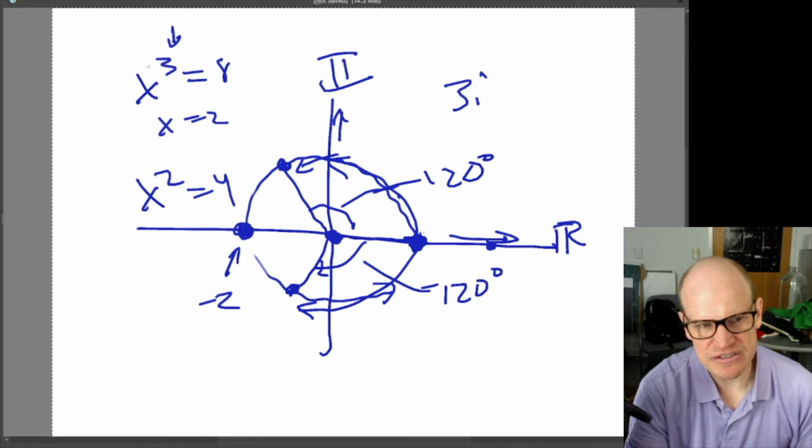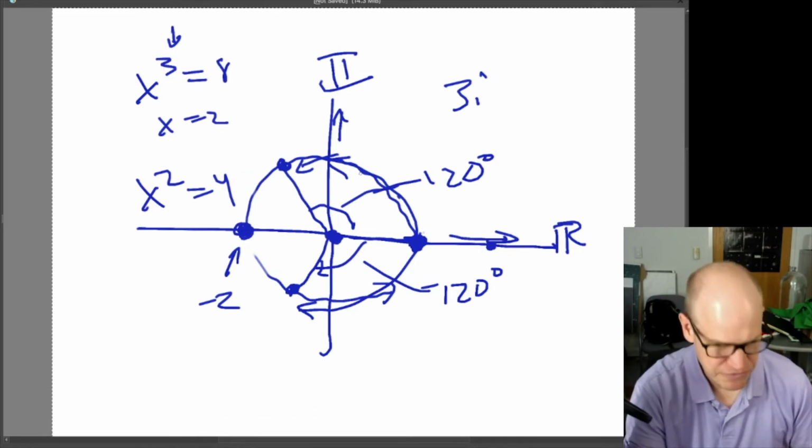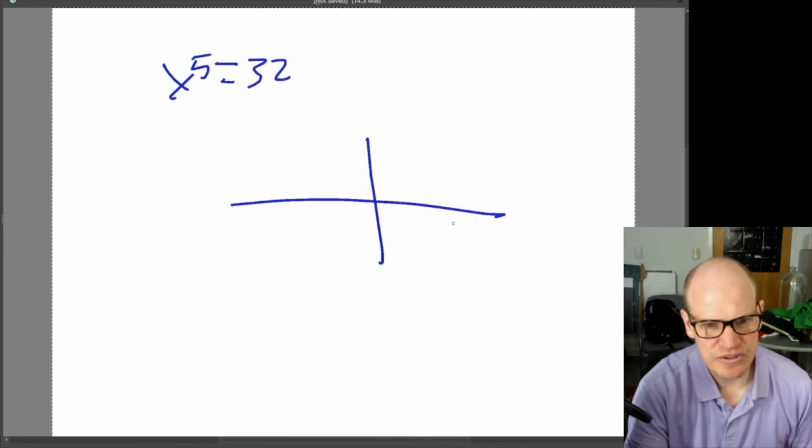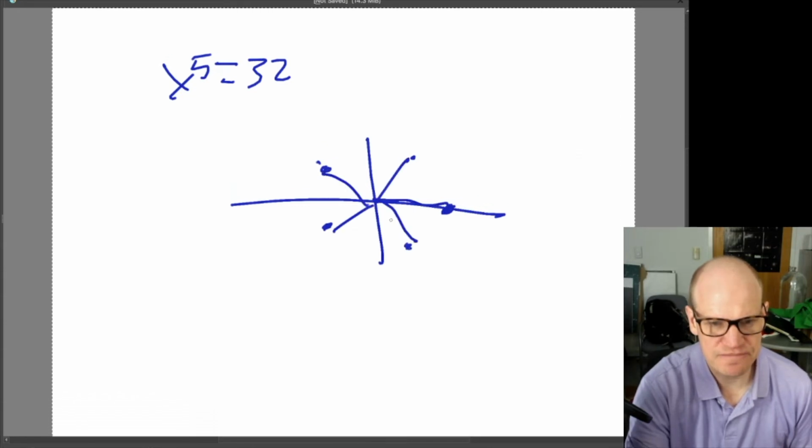If it's an odd power, for example the fifth roots, x to the 5 equals, what is it, 32, then you're going to have 5 equidistant roots like that: this one, that one, this one, that one, and that one. So that's just the nature of how these things work.